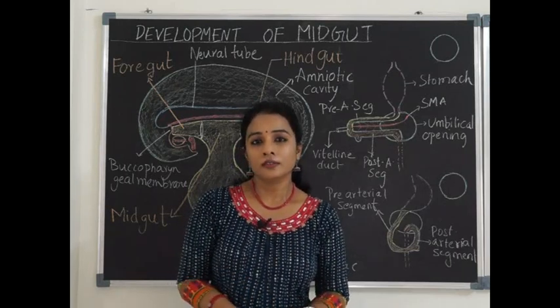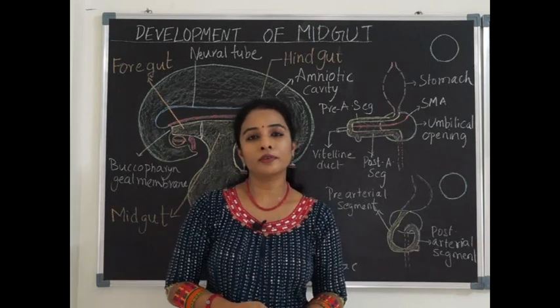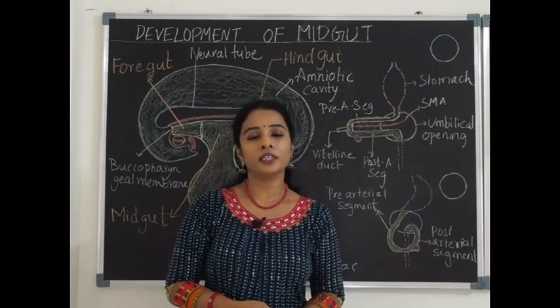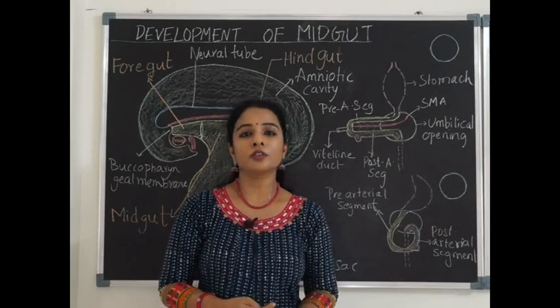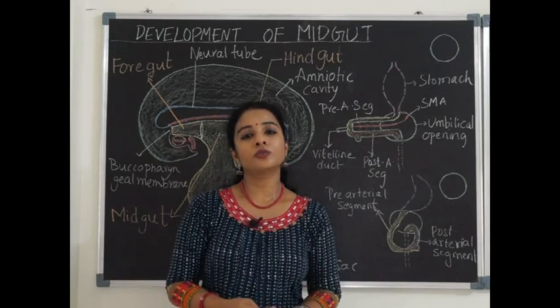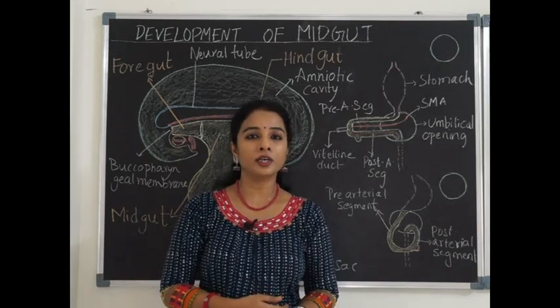The abdominal cavity is mainly occupied by the growing liver, and along with that the mesonephros, which forms the kidneys, is also present on the posterior abdominal wall. Because of these two structures, there is no space inside the abdominal cavity for the midgut to grow.